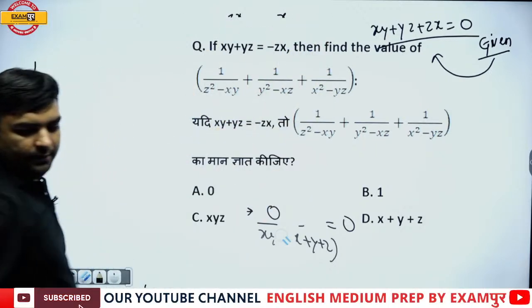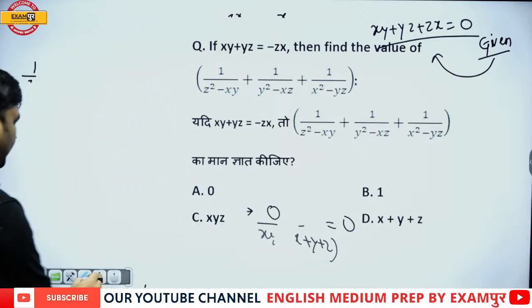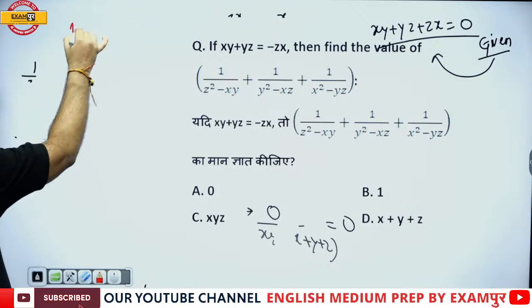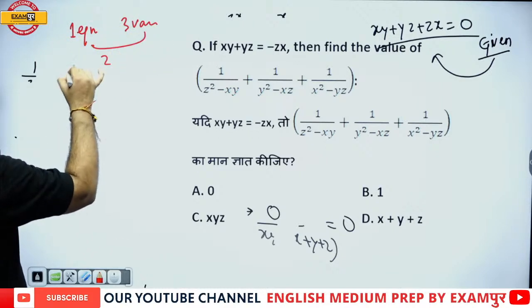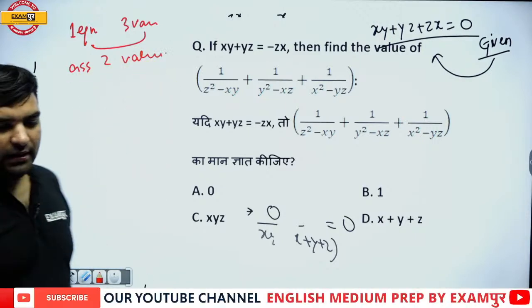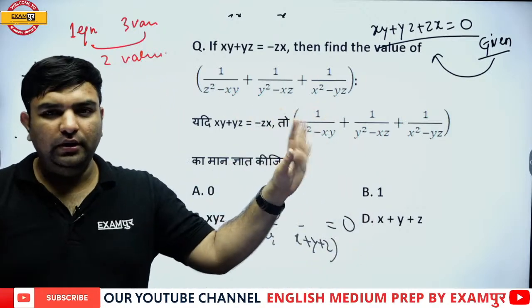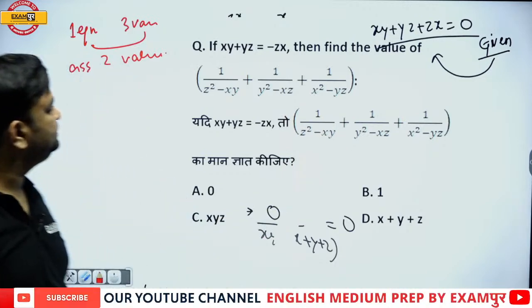Guys, the question can be done by value putting as well. One equation, three variables. So assume two values. Don't take 0, because they are in the denominators and they can trouble you.